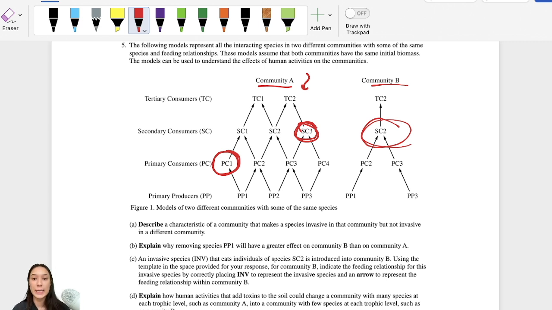However, if I introduce that invasive species to community B and there's no PC1 here, there is nothing stopping the invasive species from eating as much food as it can and then reproducing and spreading everywhere. So it would also be if the community doesn't have any competitors for the invasive species in terms of food. This could be in terms of shelter, any sort of resource.